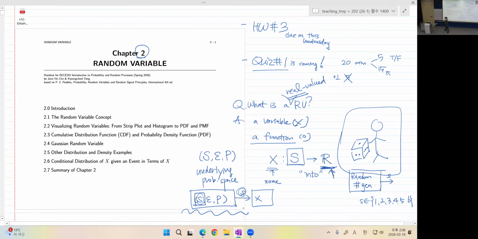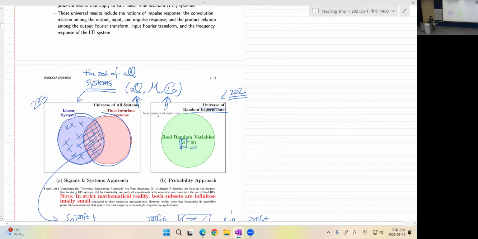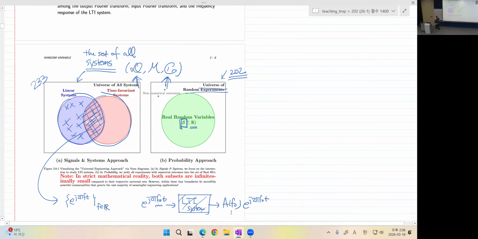However, last time I showed you a Venn diagram. You remember? And I made an analogy to signal-generating systems. So what we are going to do is this. Even though there are many random experiments, and intrinsically they generate numeric numbers as outcomes, we are not going to view individual random experiments that generate numeric numbers, but group them together and put all of them into this subset.